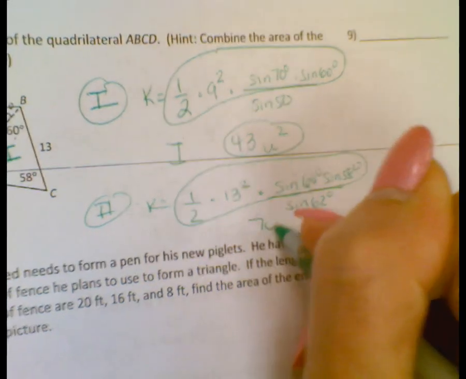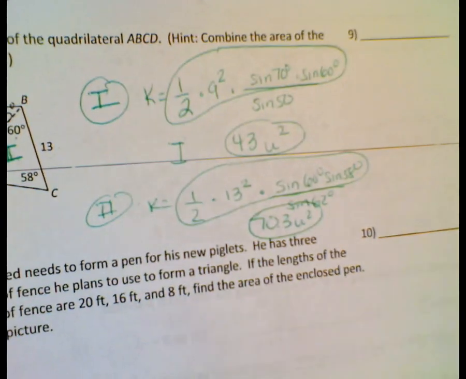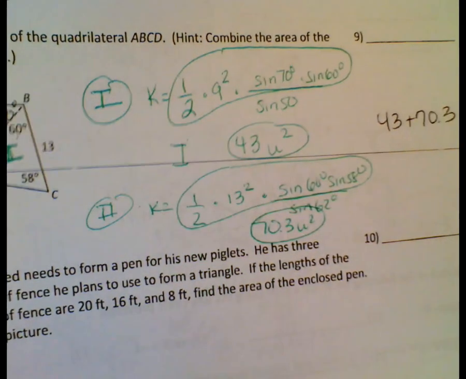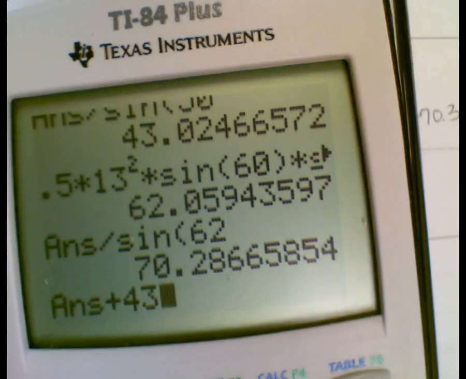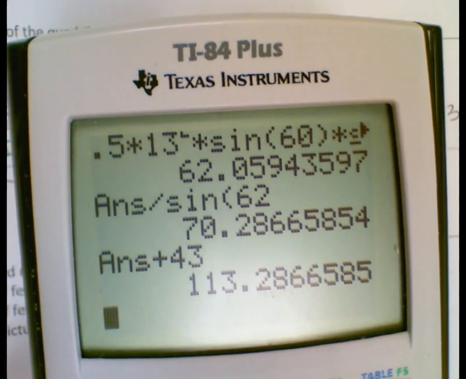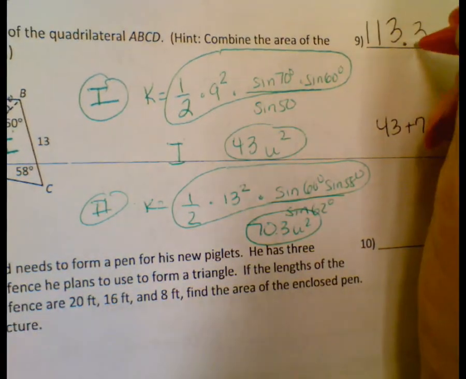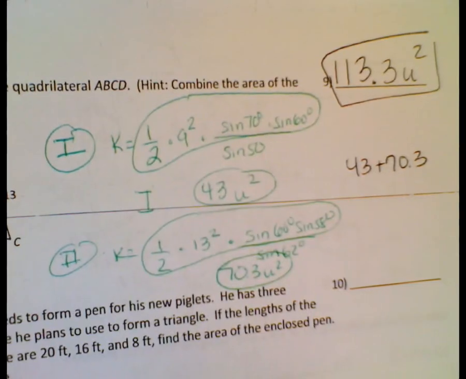So this one's 70.3 units squared. So your answer is whatever 43 plus 70.3 is. That's 113.3. That is your area. So you add the two areas up.